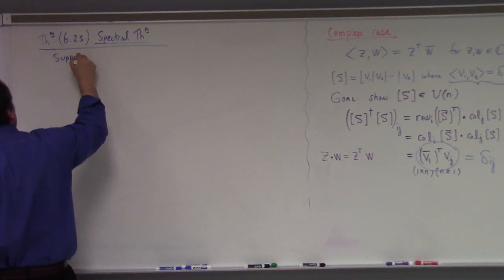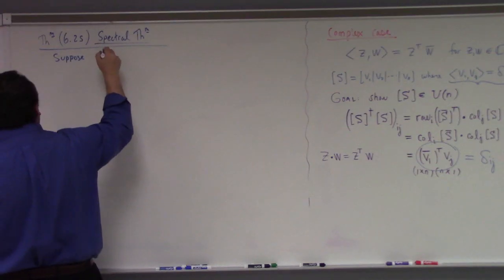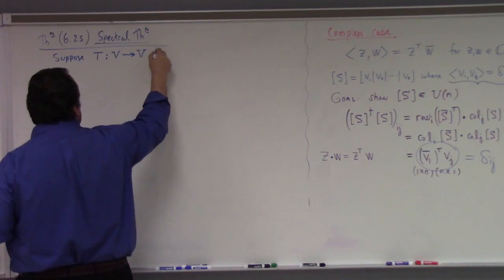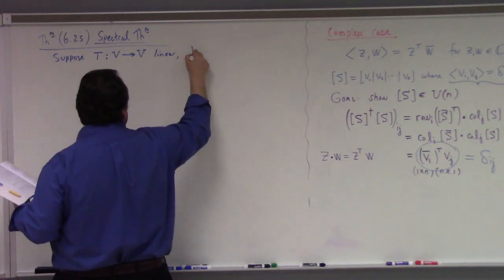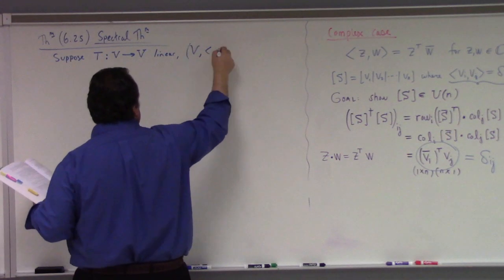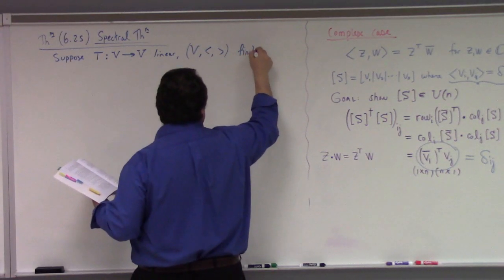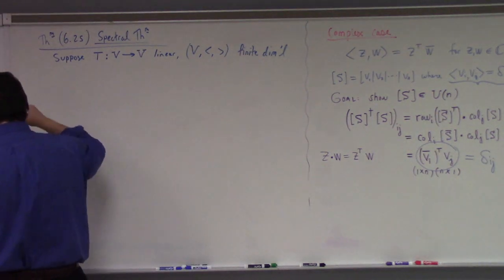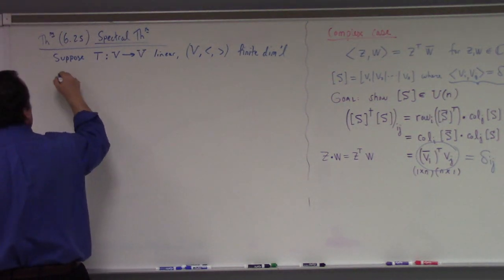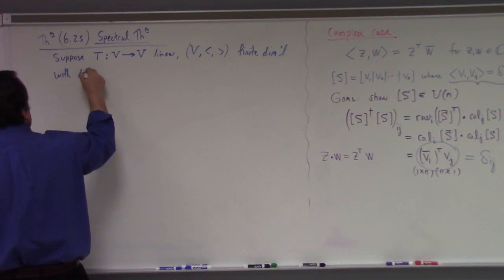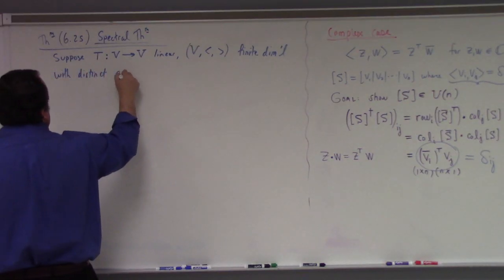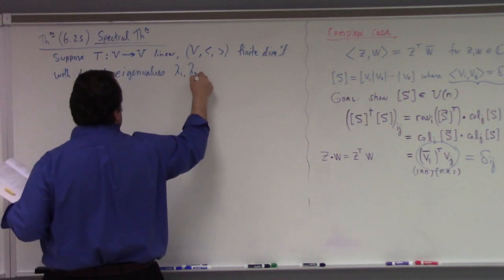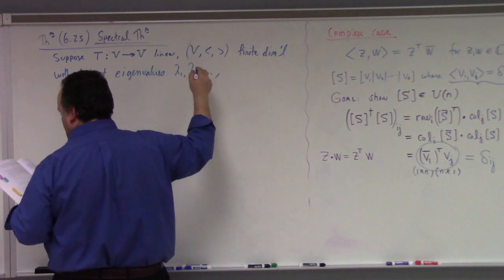So suppose T is a linear operator on V, a finite-dimensional inner product space, with distinct eigenvalues lambda 1, lambda 2, and we'll say we've got k of them.